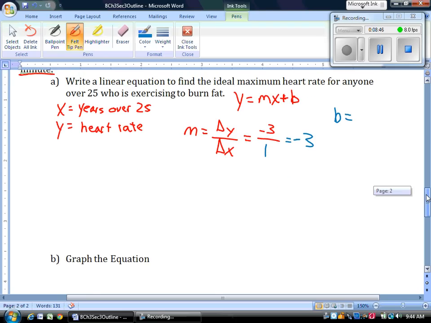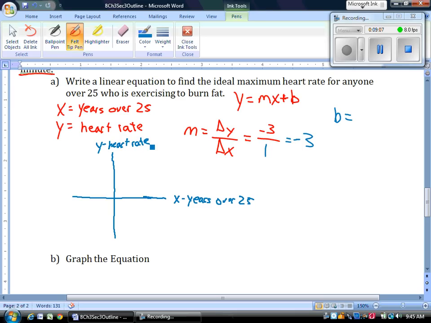To think about that, let's take a look at a graph real quick. Remember, my x is the years over 25. And my y is the heart rate. Okay?